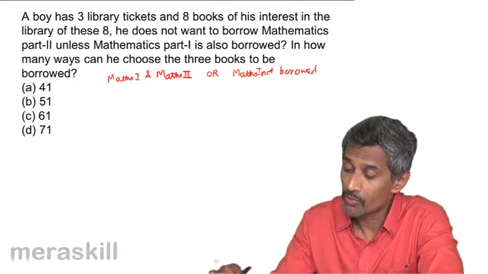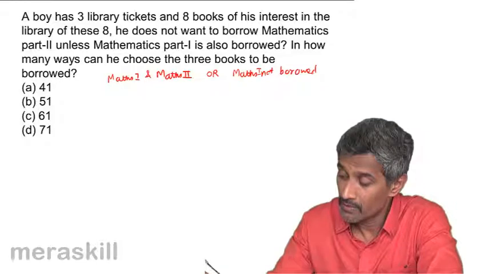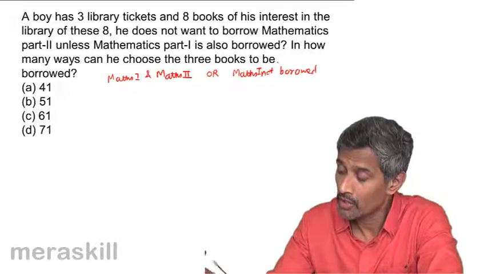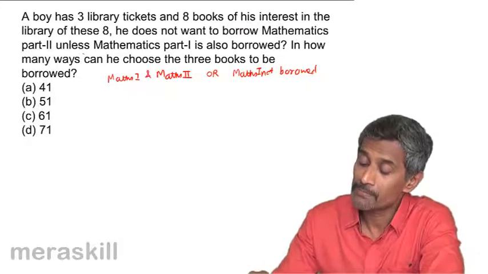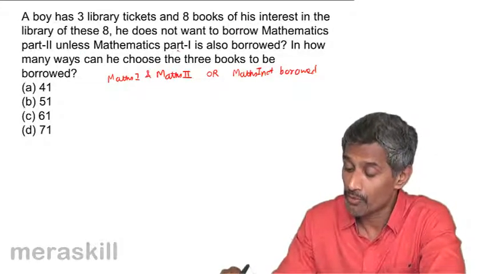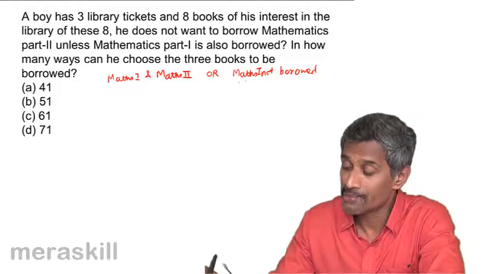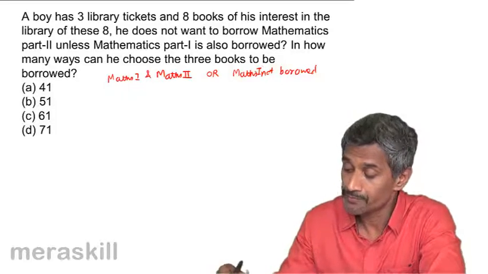So he does not want to borrow Mathematics Part 2 unless Mathematics Part 1 is also borrowed. So if Maths 2 is chosen, you need to choose Maths 1 also.